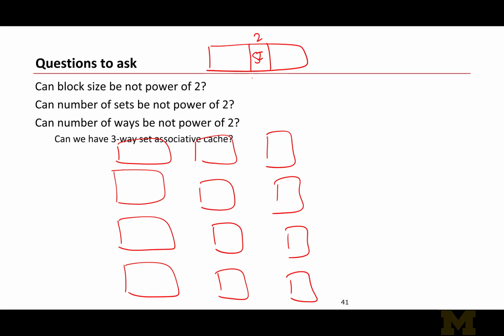And with an odd number, symmetry is very hard to achieve. So that's one of the reasons why there is a natural tendency to go for 2 to the power of n associative caches. But it's not rare to see. It is not impossible to implement other types of set associative caches if need be.